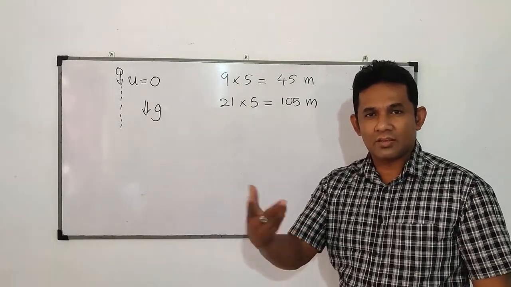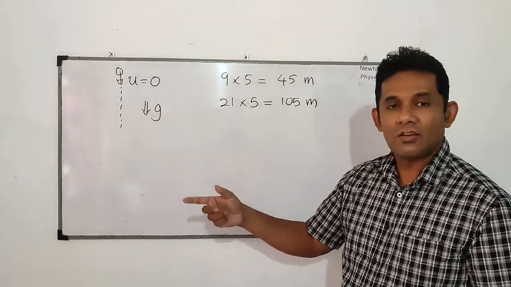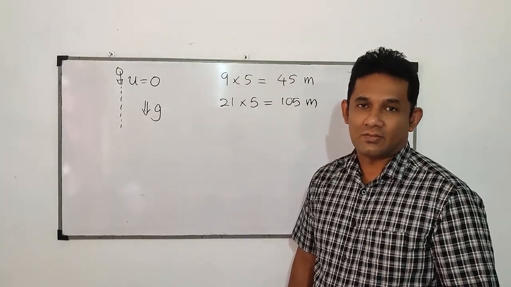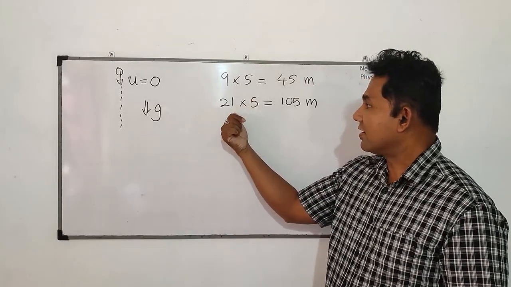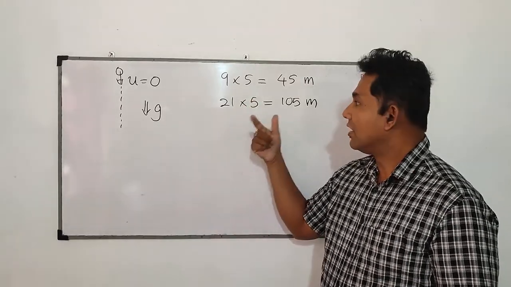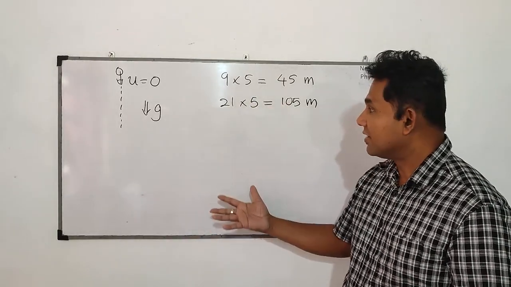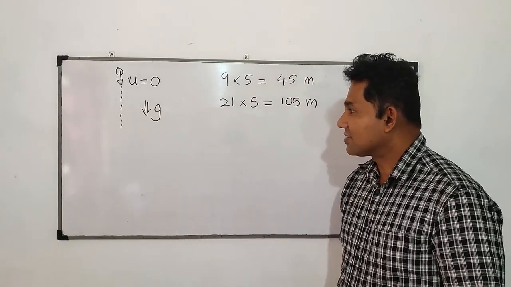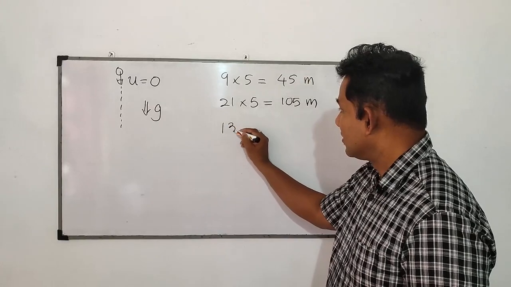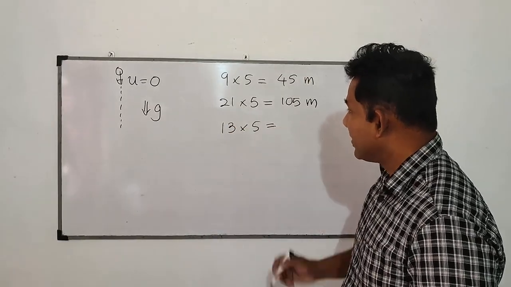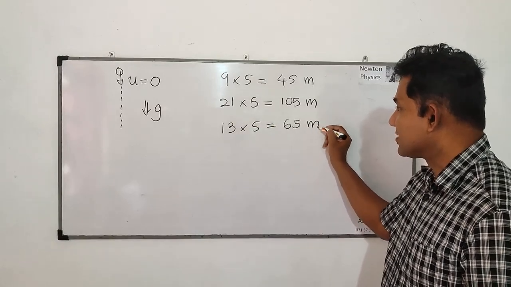The 5th second gives 45 meters, the 11th second gave 105 meters, and for the 7th second, it becomes 13 into 5. That means it becomes 65 meters.